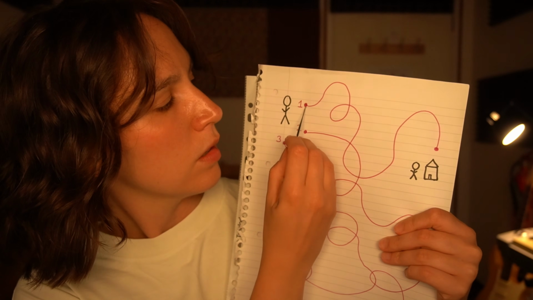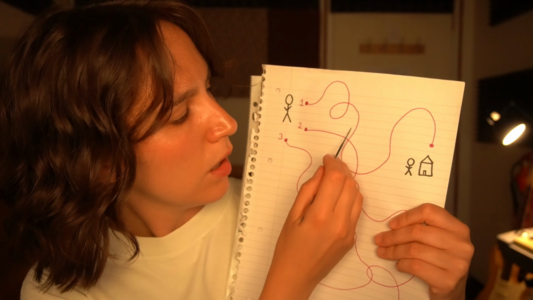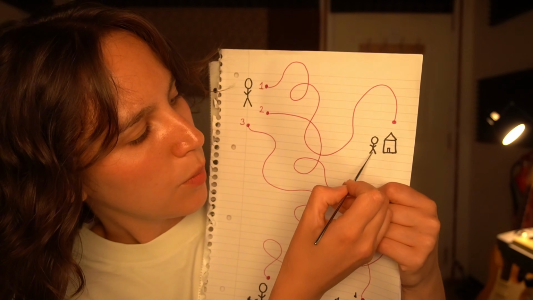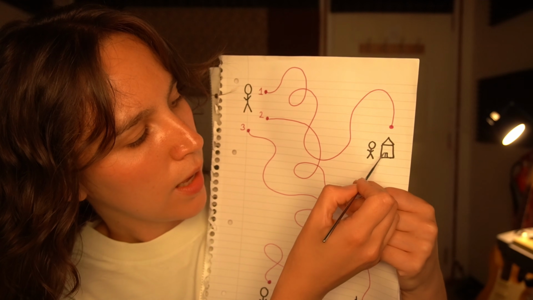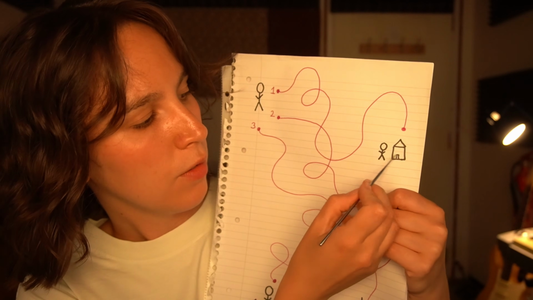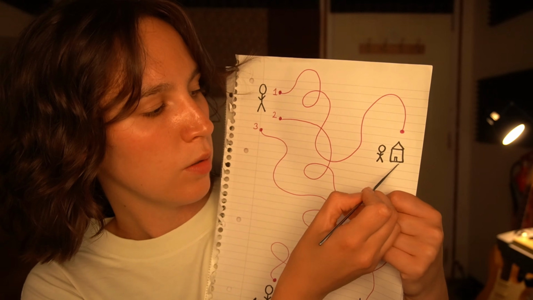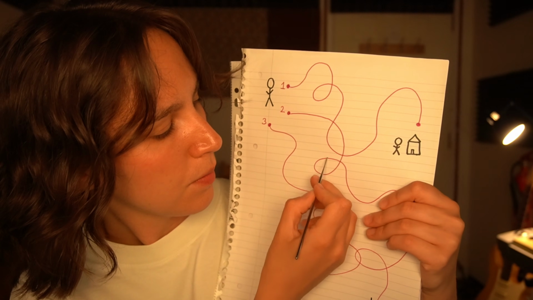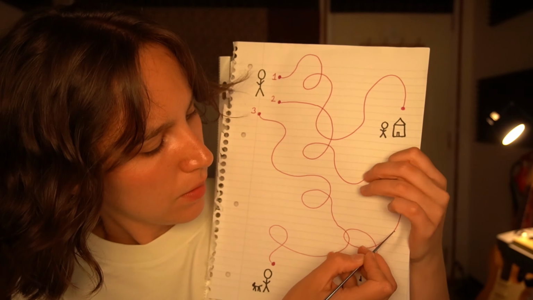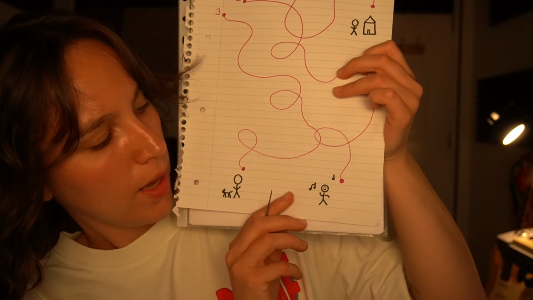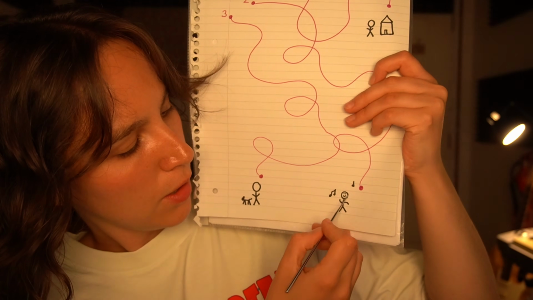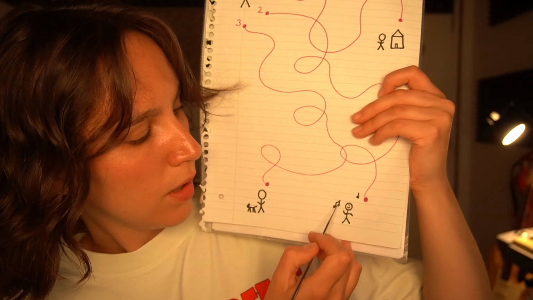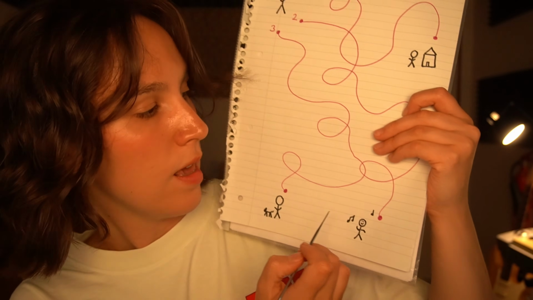Let's see where number 1 leads us. Number 1 starts over here and it leads us over here to a stick person with their house. And we can infer that they are very comfortable in this house and they feel very at home there. Number 2 is over here. Okay, it leads us down to this stick person who is most likely dancing to this music that we can see here.